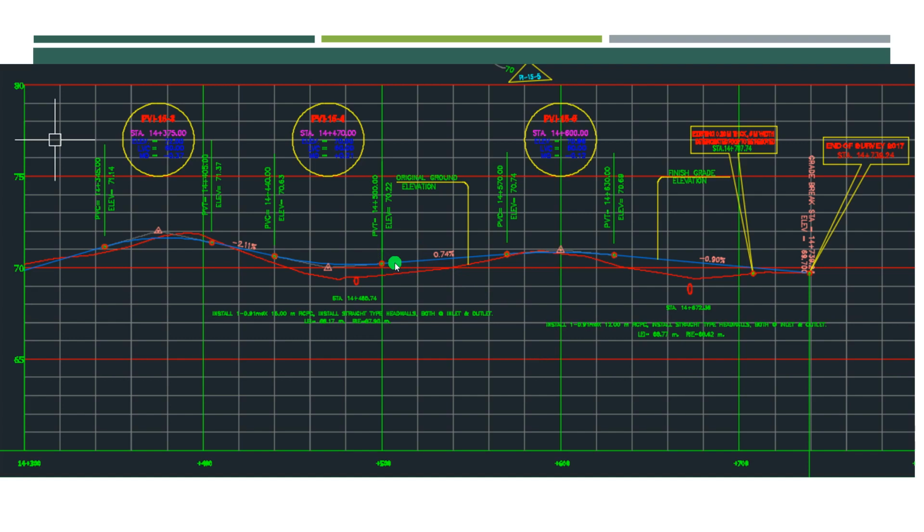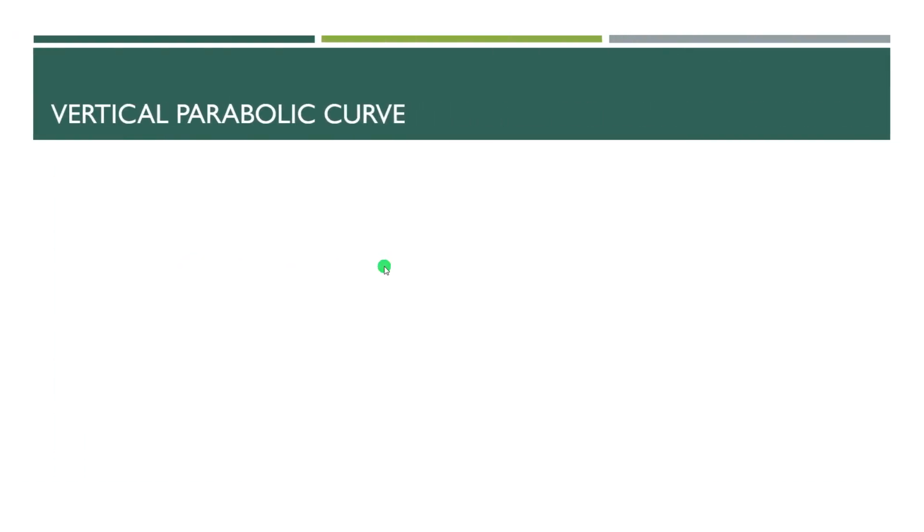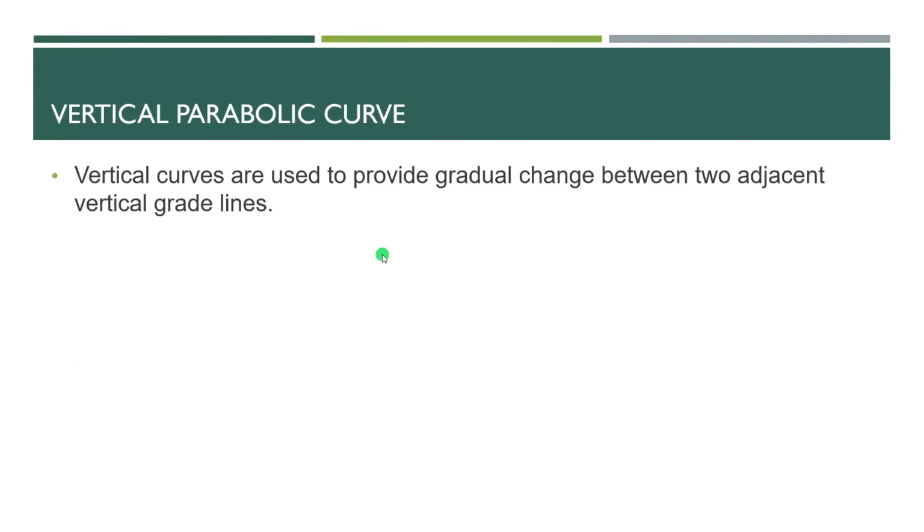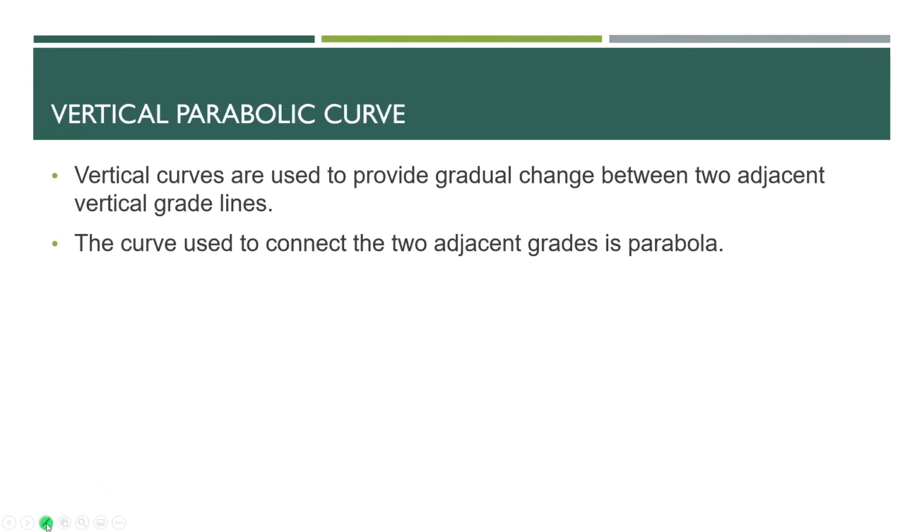So let's start discussing what a parabolic curve is. Vertical curves are used to provide gradual change between two adjacent vertical grade lines. The curve used to connect the two adjacent grades is a parabola.